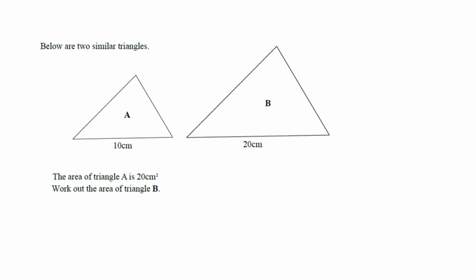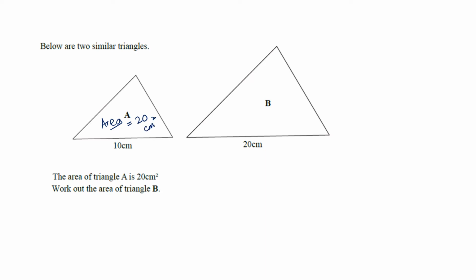Let's try this question. Here below are two similar triangles, triangle A and triangle B. The area of triangle A is 20 centimeter square. First of all, we are writing the length about A and the length about triangle B. Keep this in mind. Now let's talk about the lengths.